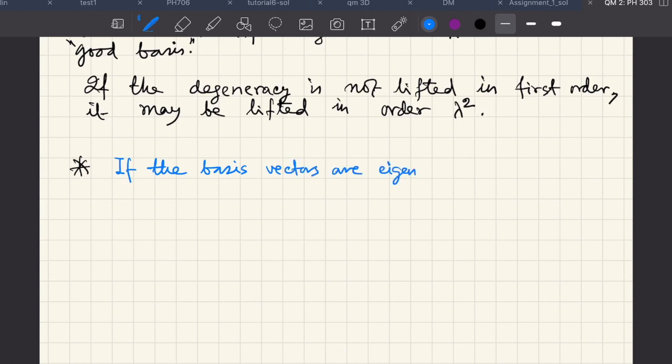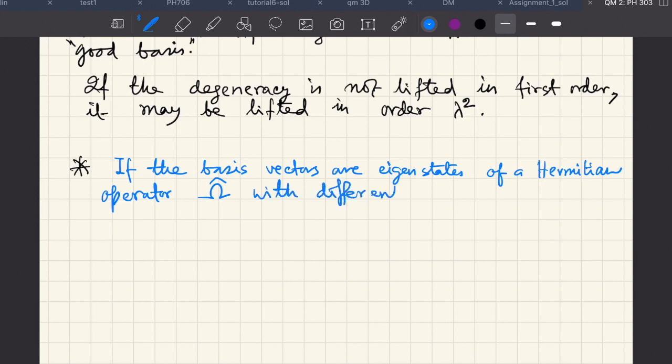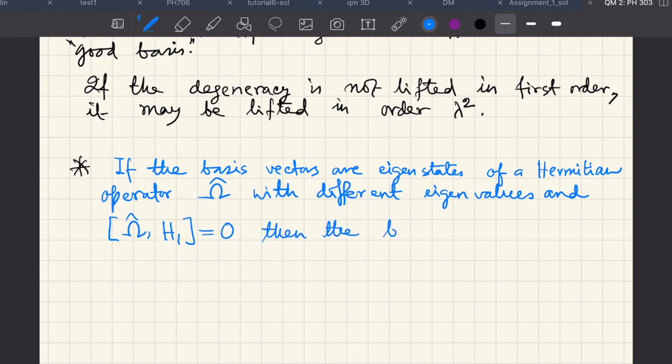So there is a theorem which tells you that if the basis vectors are eigenstates of a Hermitian operator, let us denote that operator by say omega, with all different eigenvalues, and if omega commutes with the perturbing matrix H1, then the basis is good.